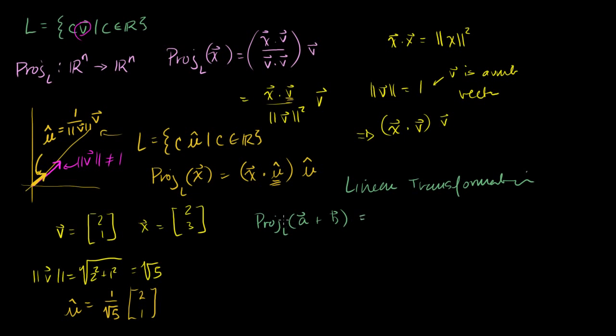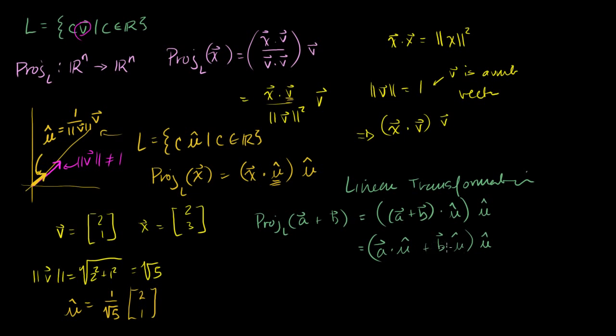By our definition, we'll use the unit vector version because this is simpler. This is equal to A plus B, that's our x, dot u, and then all of that times our unit vector. Now, we know that the dot product has the distributive property, so this is equal to A dot u plus B dot u, where u is a unit vector, all of that times the vector u.